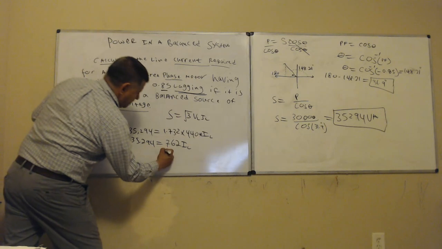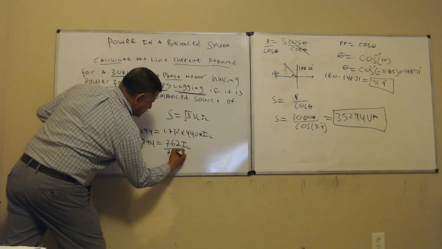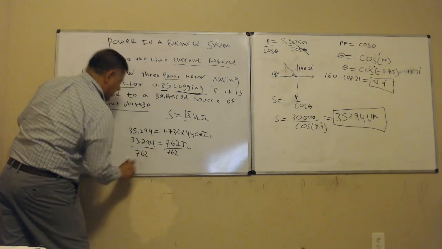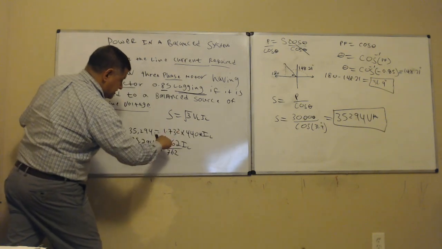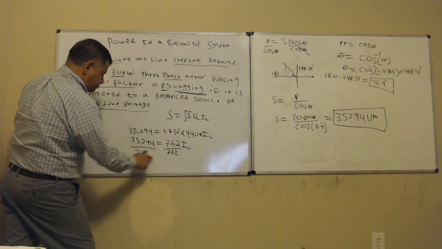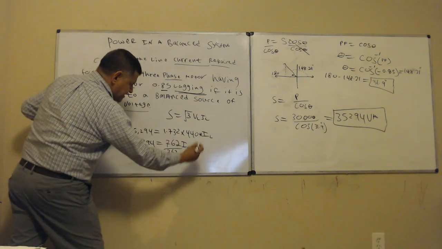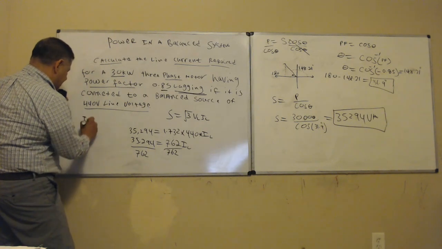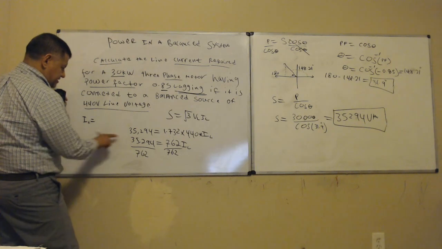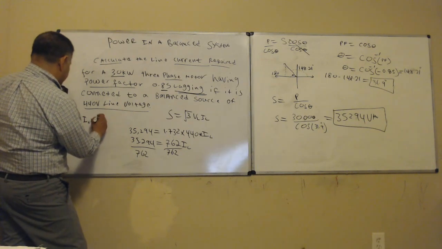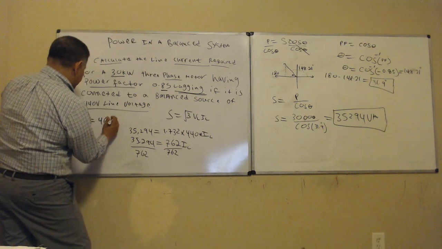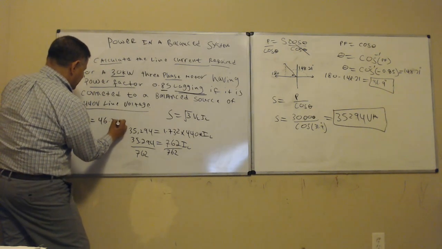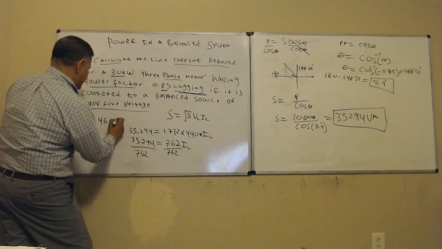So I divide by 762 on both sides, right? Remember that this is the product of this. So when I do that, I line is going to be equal to 46.3 amps.